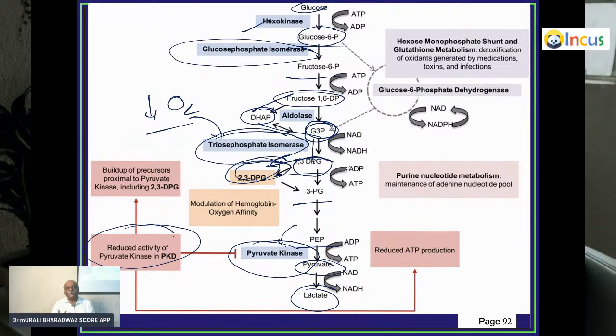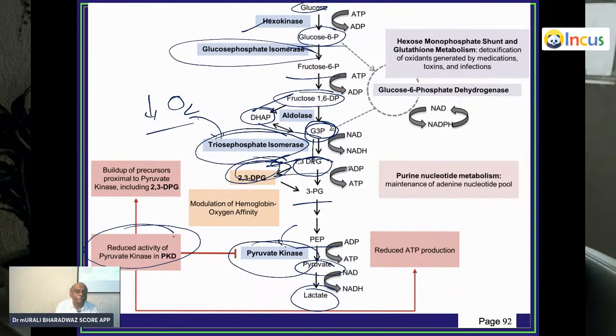Low oxygen, high altitude, acidosis. Then decreased adult hemoglobin A. Then what is increased?